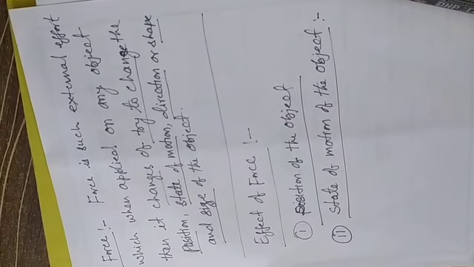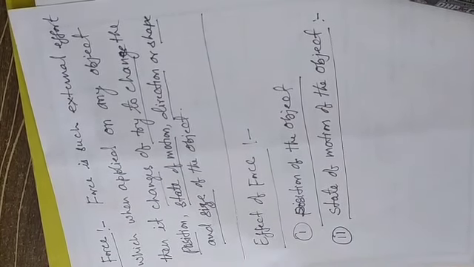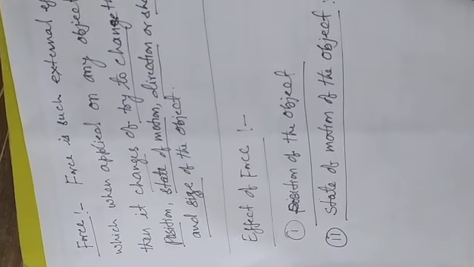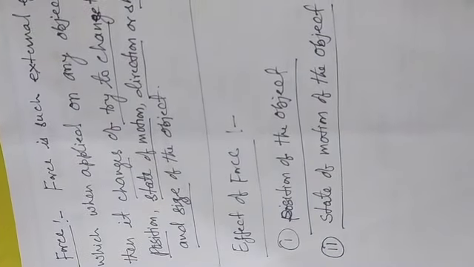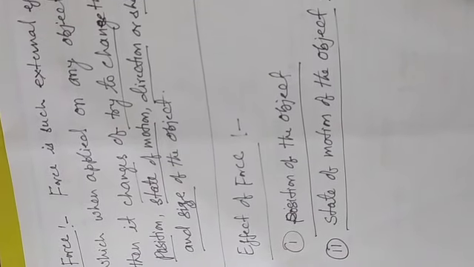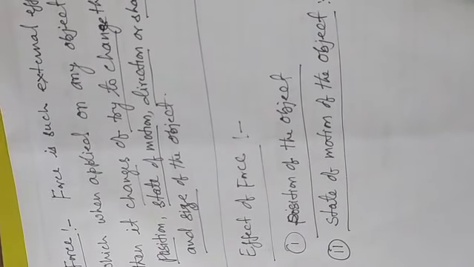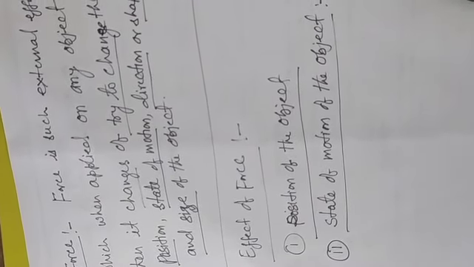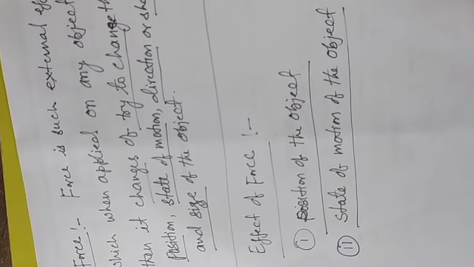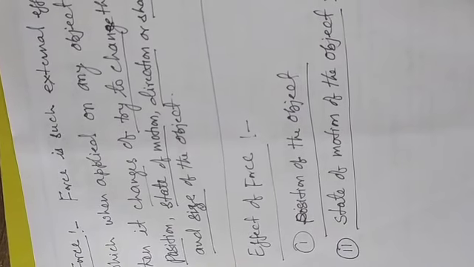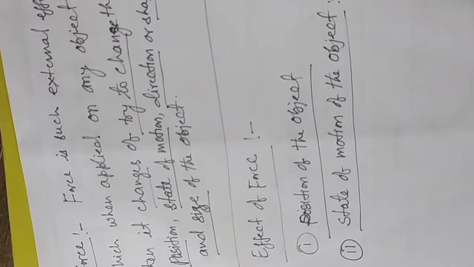Whenever the force applied by you is sufficient to make a change, then change is produced. But whenever the force applied by you is not sufficient to change the state or motion of the object, then you are not able to bring a change.